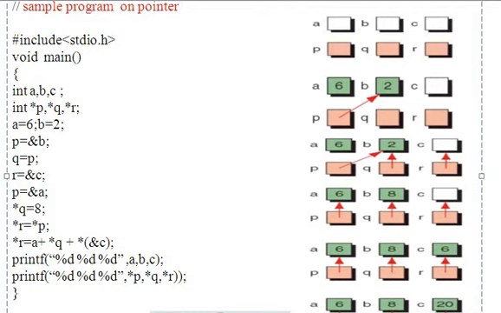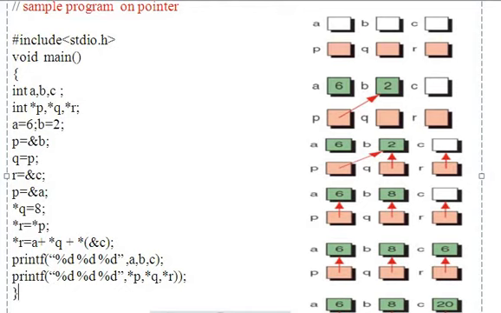So now look at the program. So we have three variables A, B, C, and we have three pointers P, Q, R. A is equal to 6 and B is equal to 2. So P is equal to &B. Address of B is in P. Q is equal to P. So address of B, which is in P, is assigned to Q now.